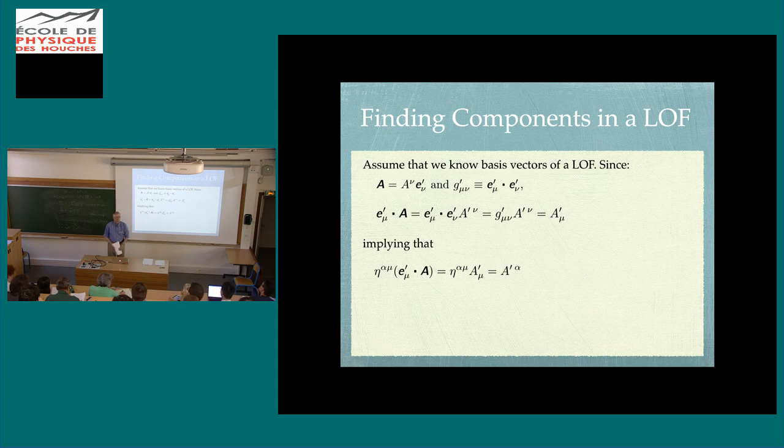And in particular, for example, if you are working in this room and here's a particle streaking through, it has a certain kind of 4-momentum. You want to figure out what the components of the 4-momentum are.